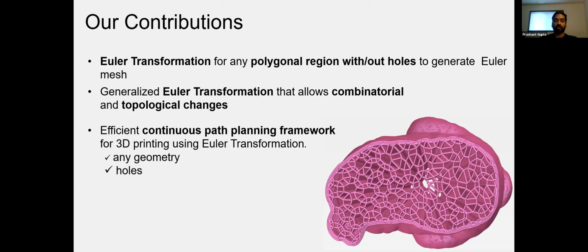We also presented a complete framework for continuous path planning for 3D printing applications for any kind of region, polygons with holes and without holes in any layer. And then finally we gave a toolpath algorithm with no crossover.